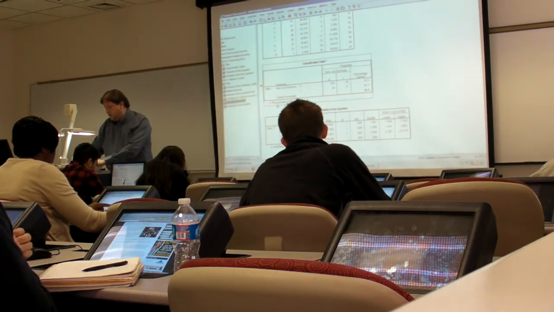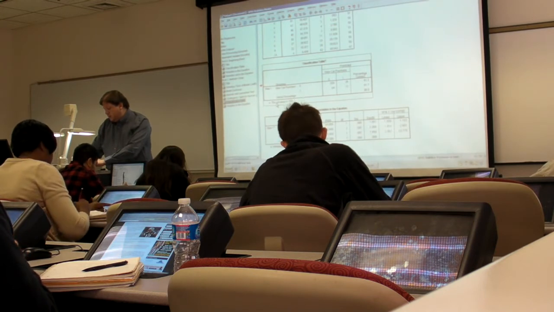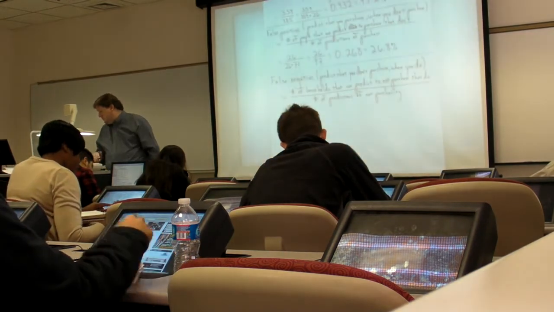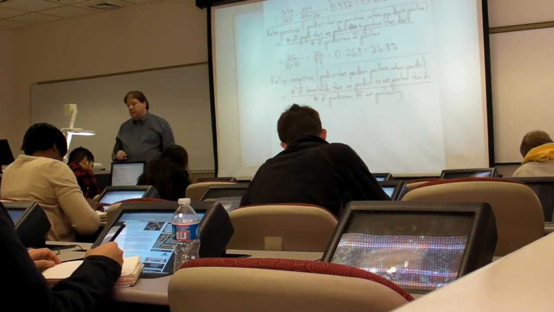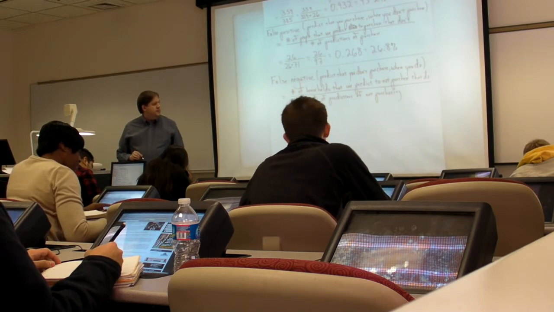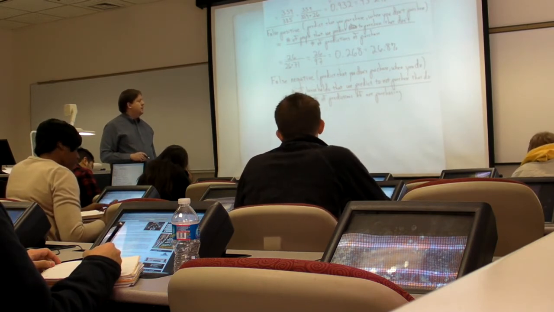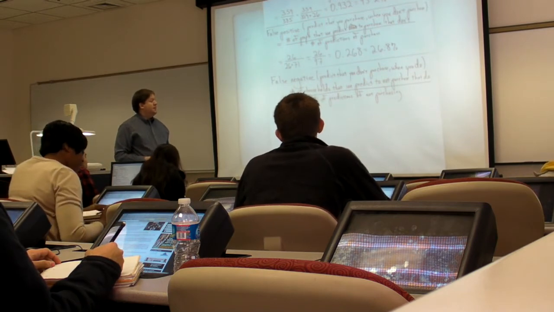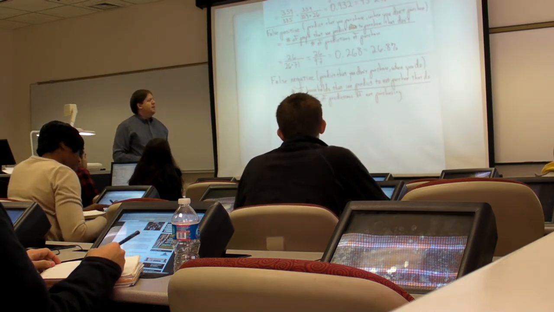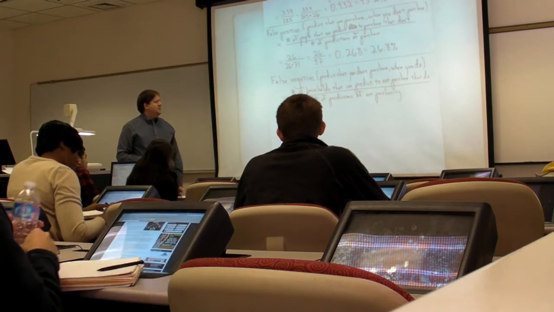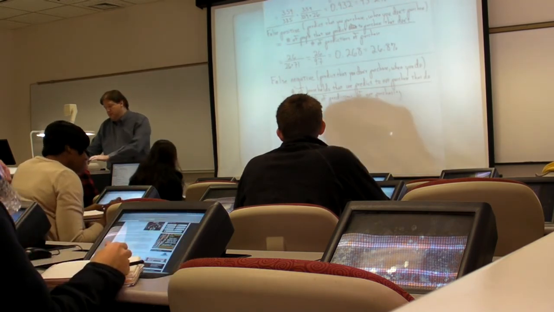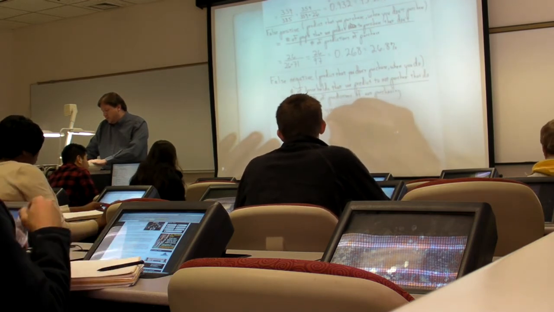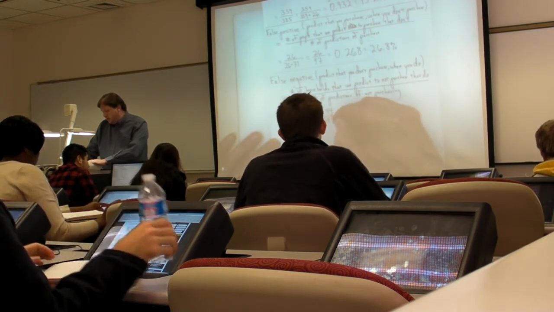So we're going to take 44 divided by 359 plus 44, which is 44 divided by 393.